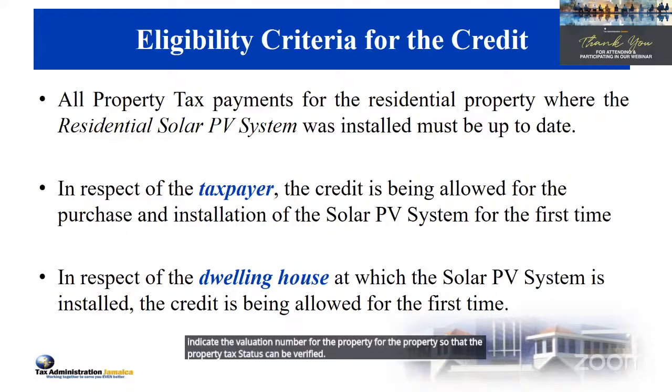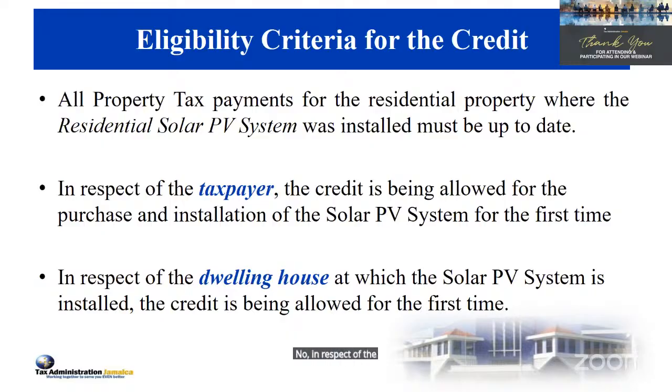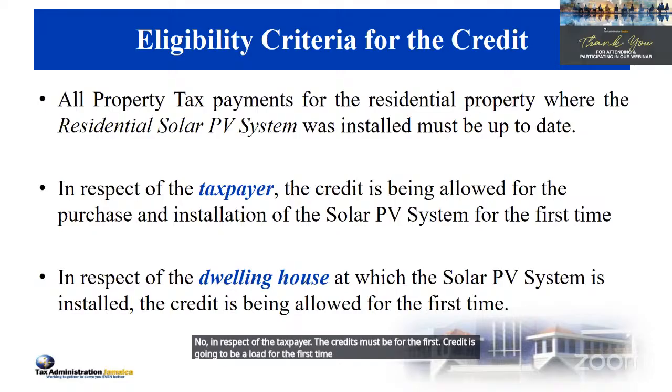Now, in respect of the taxpayer, the credit is going to be allowed for the first time. So what this means is that an individual will not get a credit more than once.